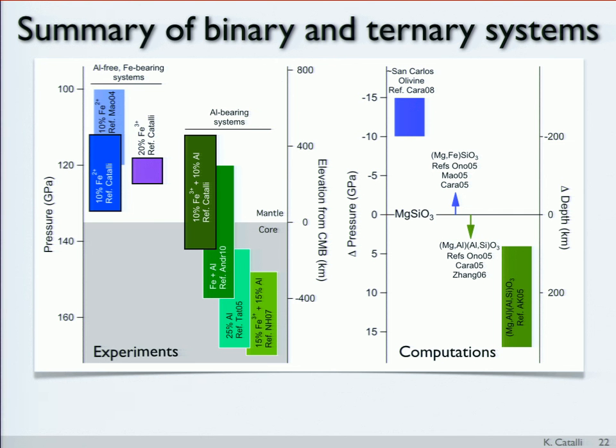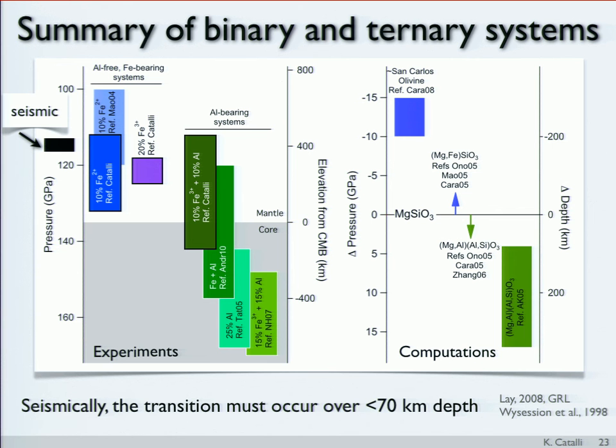And when you include aluminum in the system, systematically you see much broader boundaries that are pushed to greater depths. This agrees qualitatively with what's been seen in computational work on this phase transition. And again, the seismic boundary is about that thick, so we're not really explaining that with any of these compositions.